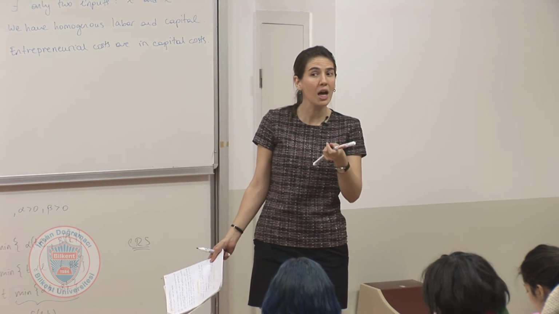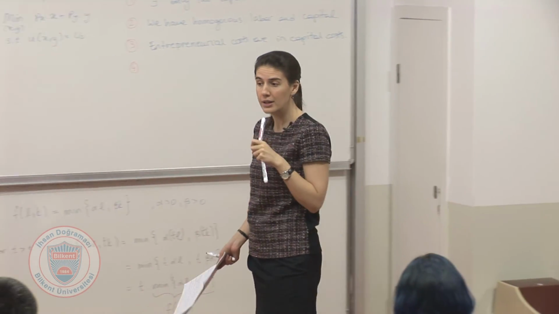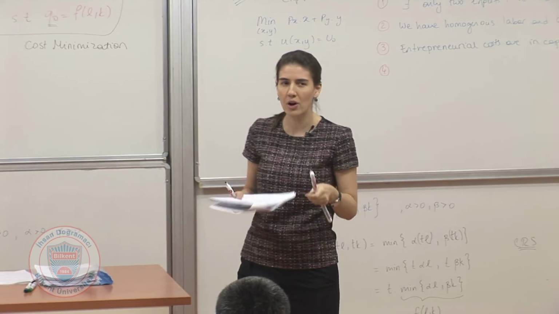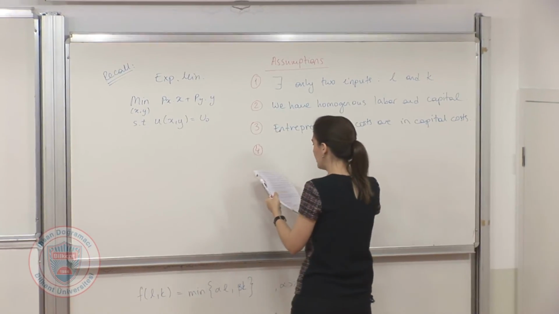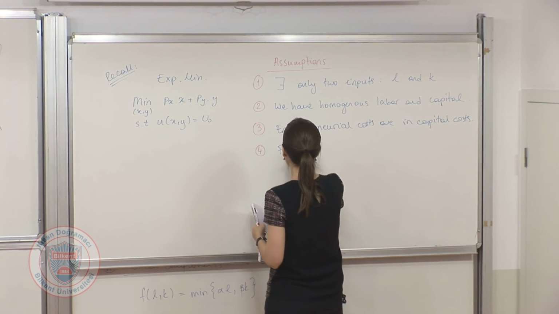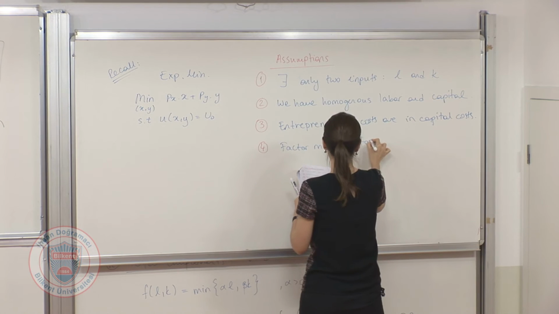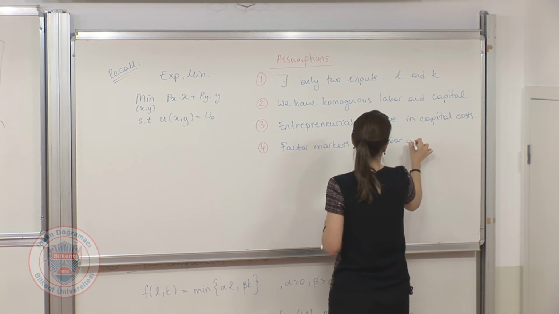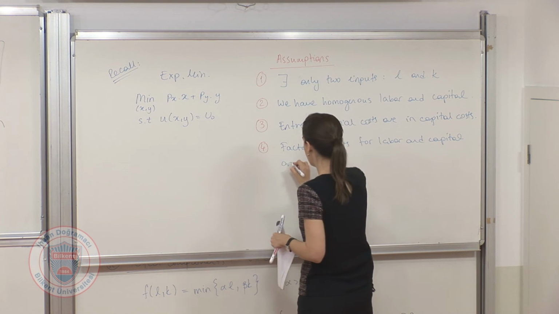By hiring more or less, you cannot affect the wage rate, for instance. Do you think it's the case for all firms? Think of it. So we said that factor markets for labor and capital are perfectly competitive.